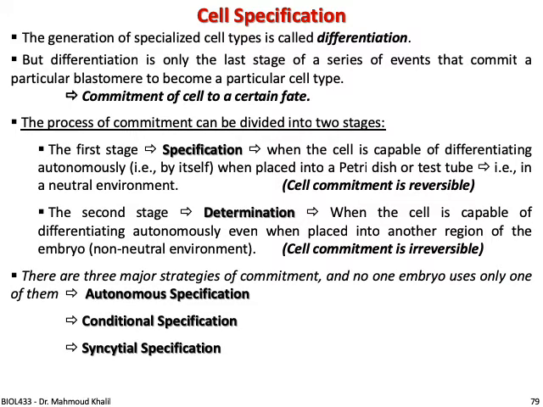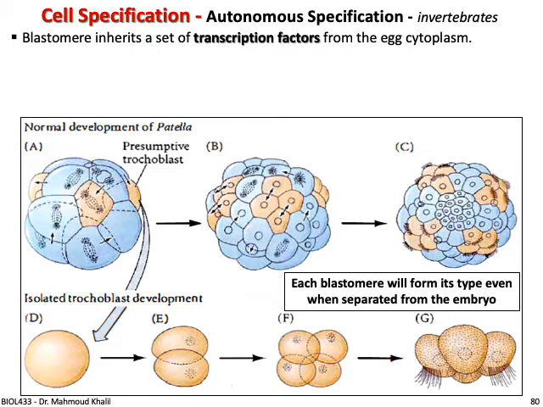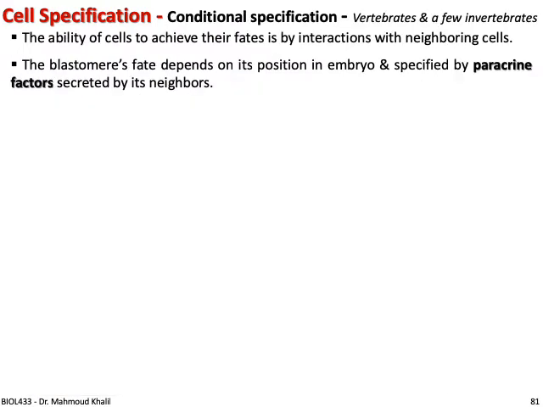There are three major strategies of commitment that the embryo can use: autonomous, conditional or syncytial specification. For autonomous specification, which occurs mostly in invertebrates, the blastomeres, as we said before, inherit a set of transcription factors that exist in the egg cytoplasm.